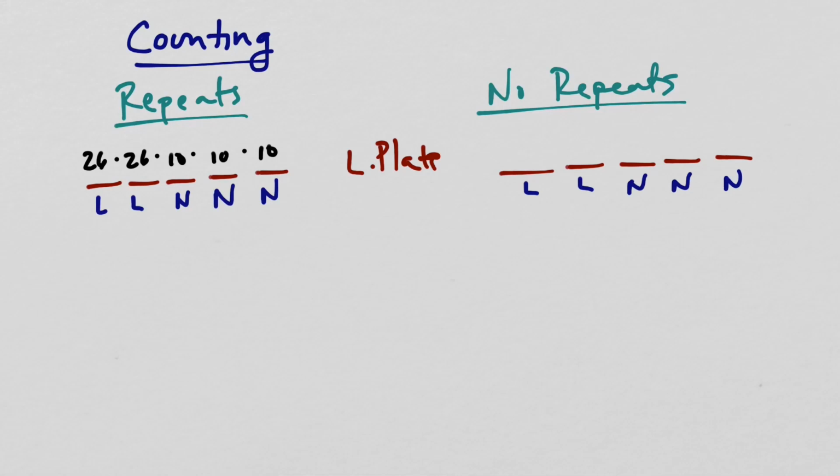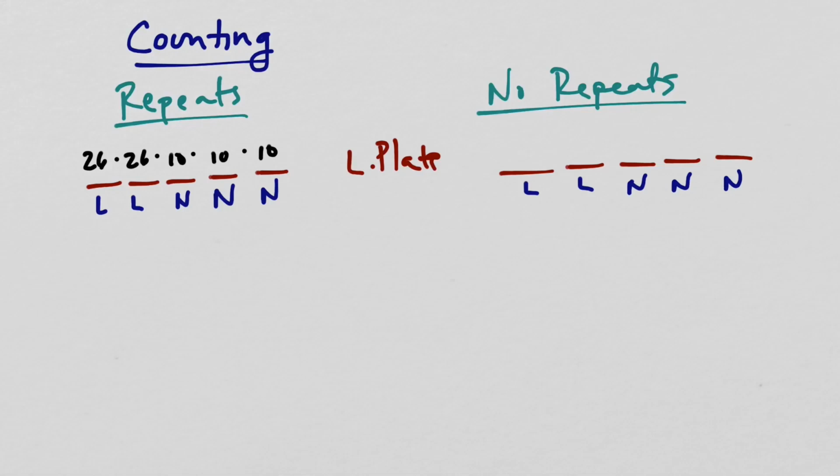So this means that that license plate could be AA111. It could be AA222. It could be AA122. It could be AA121. Right? So again, you're just multiplying out the number of possibilities.